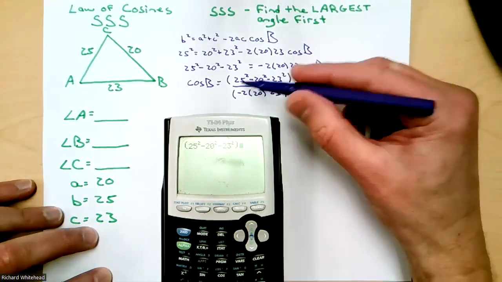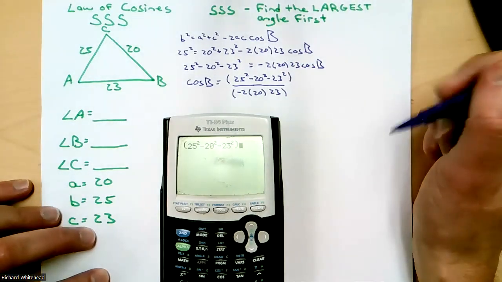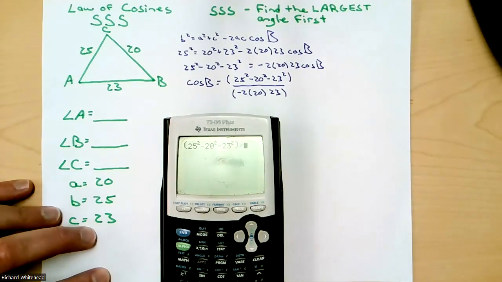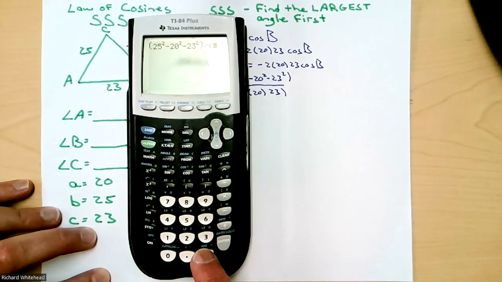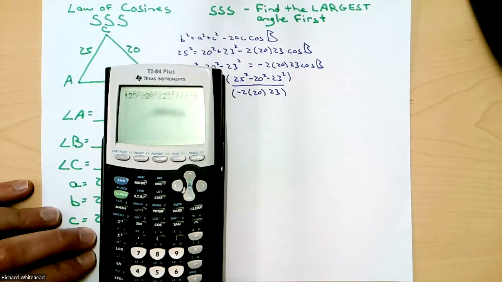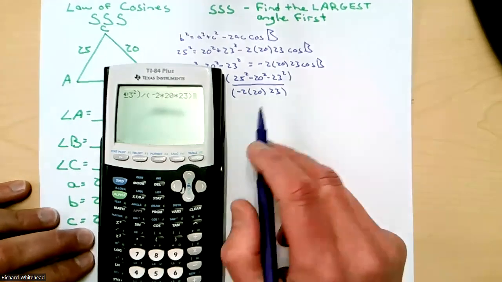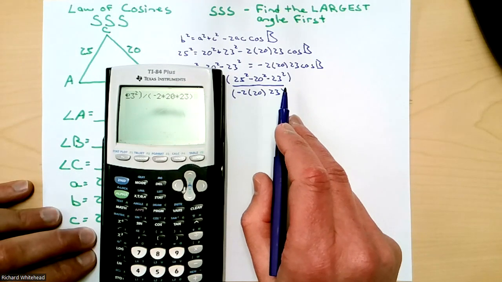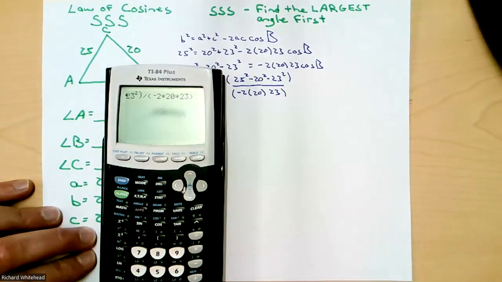So that's your numerator right there, enclosed in parentheses, divided by, open parentheses, negative button, not minus button, negative 2 times 20 times 23, close that parentheses. So we entered all that very carefully, closing parentheses, et cetera.